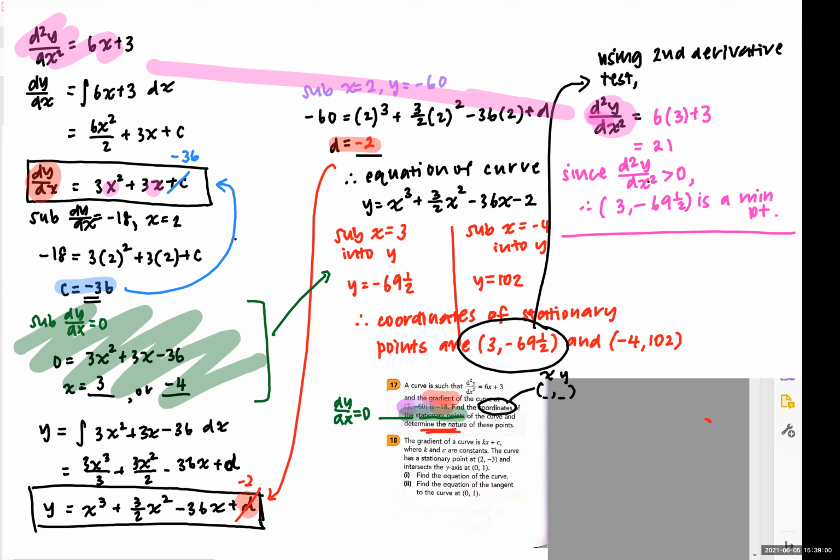Okay, so right now, because we need the nature for 2 points, we need to move on to the next one. So this is the second derivative. So which one do we use now? Use x equals -4. 6 times (-4) plus 3 is equal to?